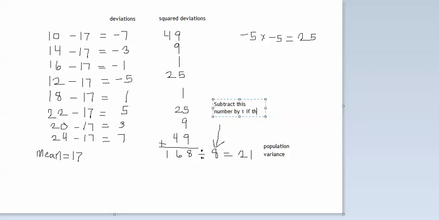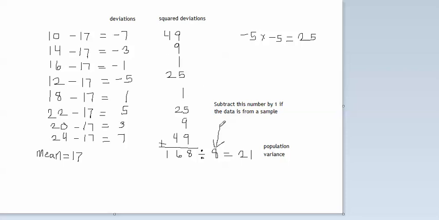So drop this number by 1, or subtract 1 from this number, if the data is from a sample and not from an entire population. And like I said, most of the time data sets do come from samples and not entire populations.